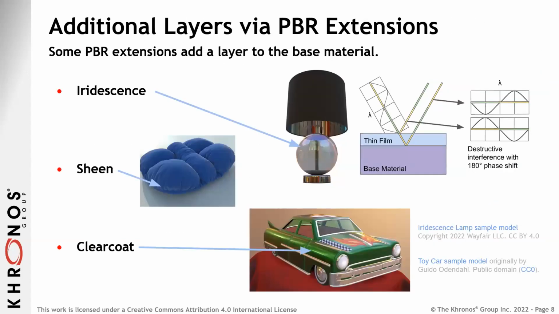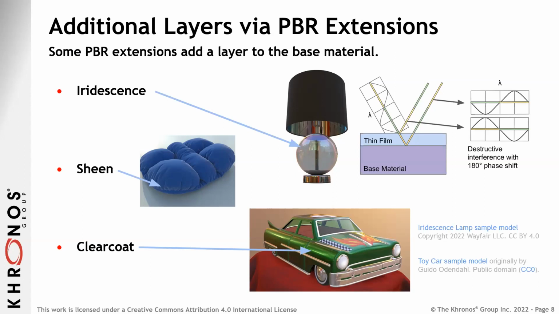So some of these PBR extensions, as I will continue calling them, add an extra layer. On this slide, we're seeing iridescence, sheen, and clear coat. These are 3 extensions that add an extra layer on top of a base material. And iridescence is our most recent one. It was released earlier this year.